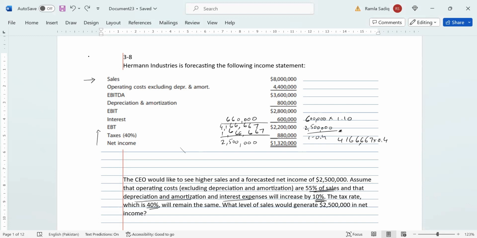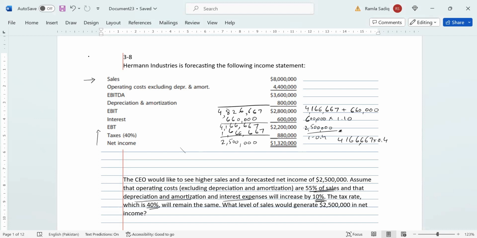And so our EBT is 4,166,667, and we want to add into that 660,000, these two new numbers over here. When we plug that into our calculator, we get 4,826,667, and that is our EBIT.